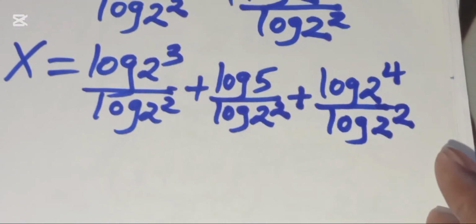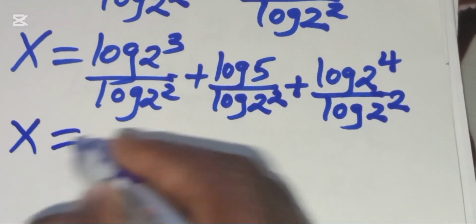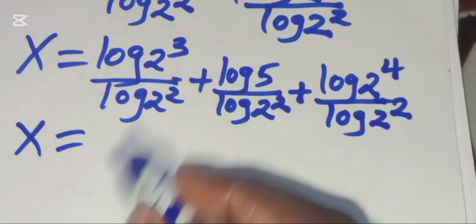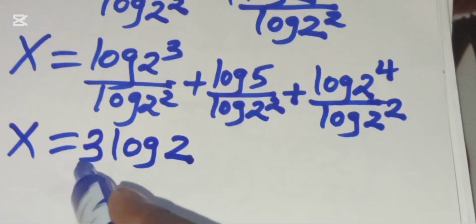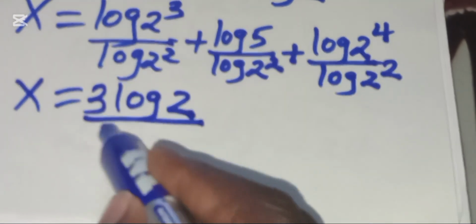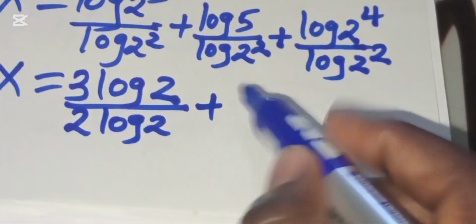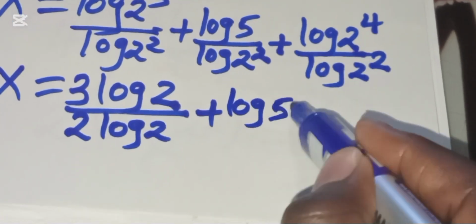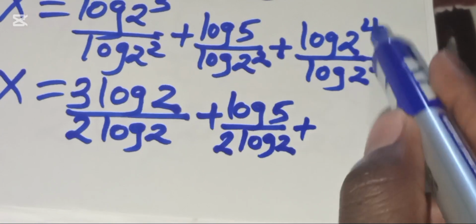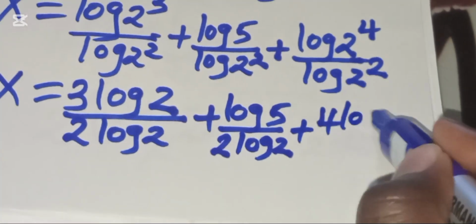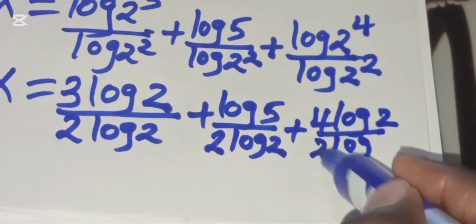Now applying the power rule, log 2 to the power 3 is the same thing as 3 log 2, divided by 2 log 2, plus log 5 divided by 2 log 2, plus 4 log 2 divided by 2 log 2.